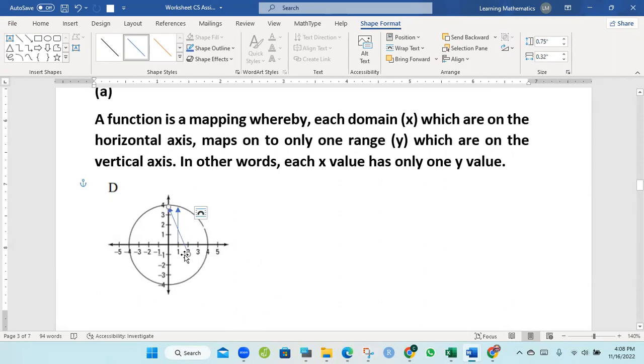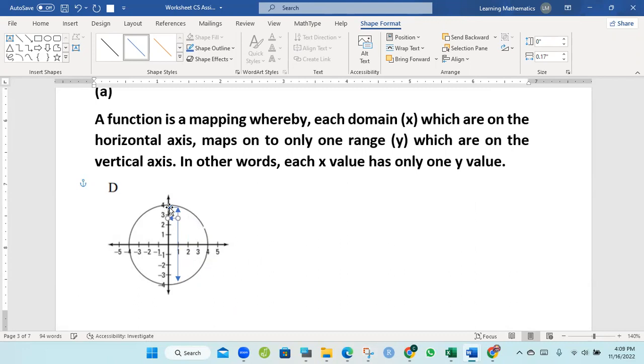It has a y up there. But again, it also has another y down there. So this now is violating the rule for a function. A function says each x must have only one y, but look at an x with more than one y. It has one up there and one down there.